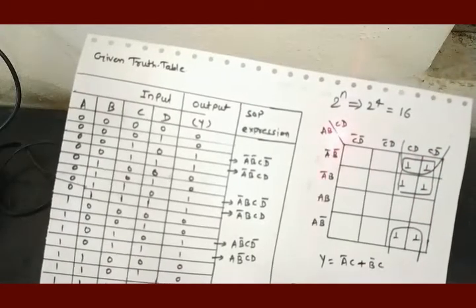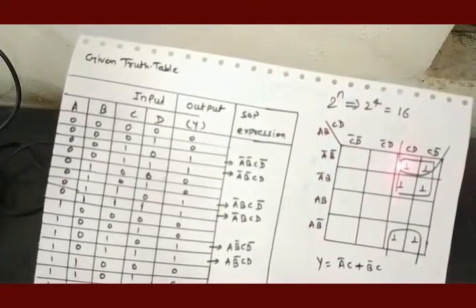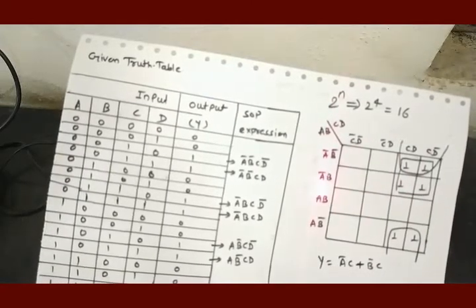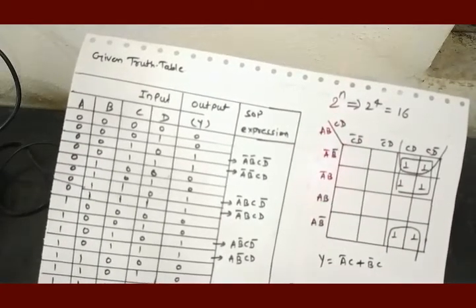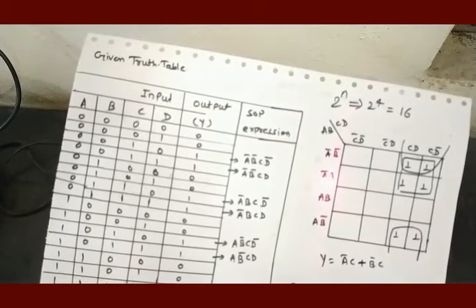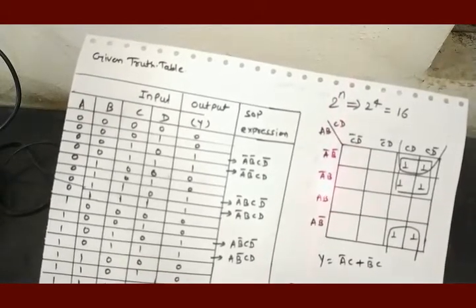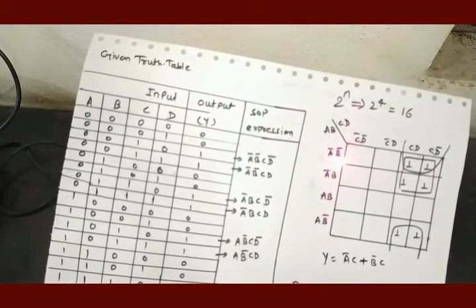Okay, now come to the rows. This is one row, this is the other row. When we jump from the first row to the second row, B is changing its form from B bar to B. When we are shifting from the second row to the first row, again B is changing its form from B to B bar.